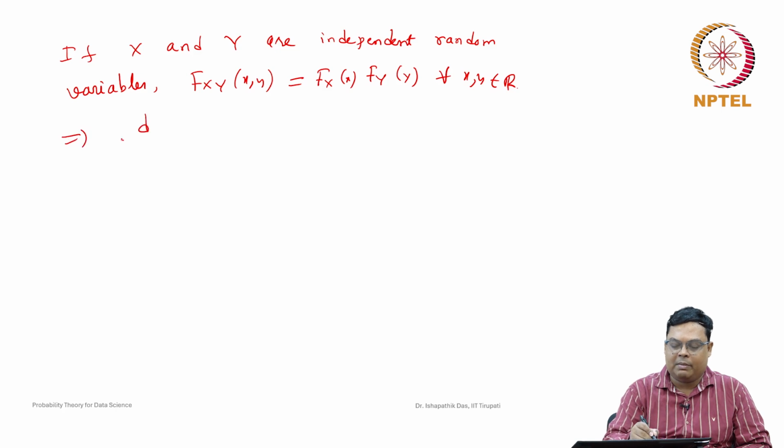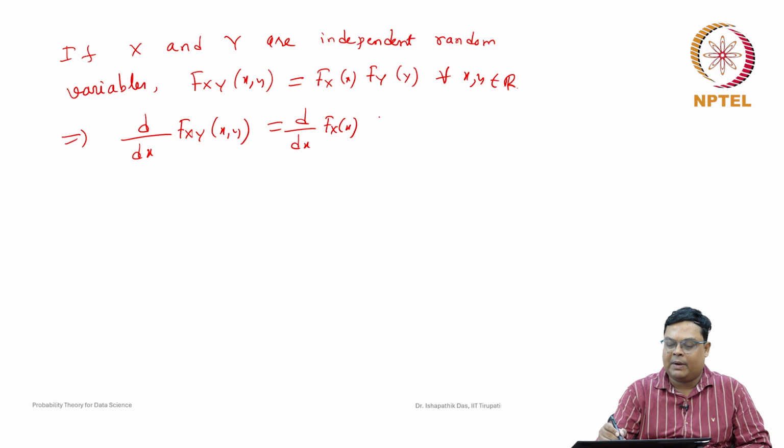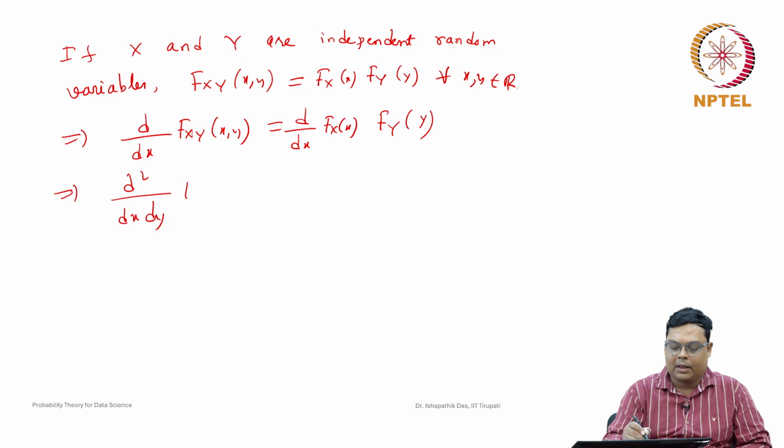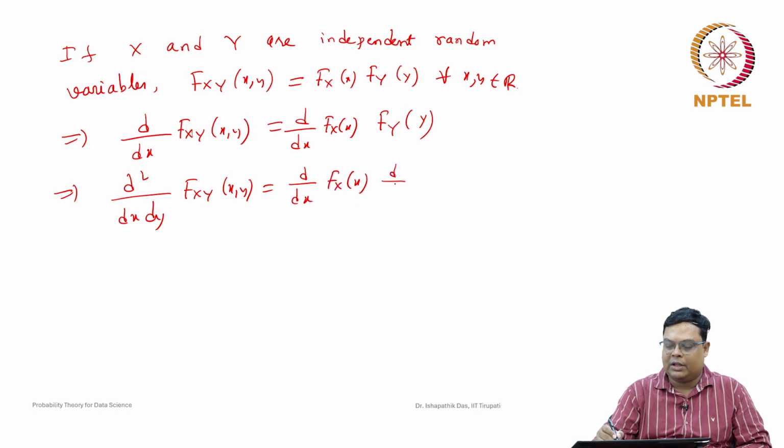Now, if we take the derivative d/dx of F_{X,Y}(x, y), this is nothing but d/dx of F_X(x); note that F_Y(y) is independent of x, so it stays as it is. Similarly, if we take the derivative with respect to y, this is d/dy of F_Y(y), and since F_X(x) is independent of y, the derivative falls on F_Y(y).